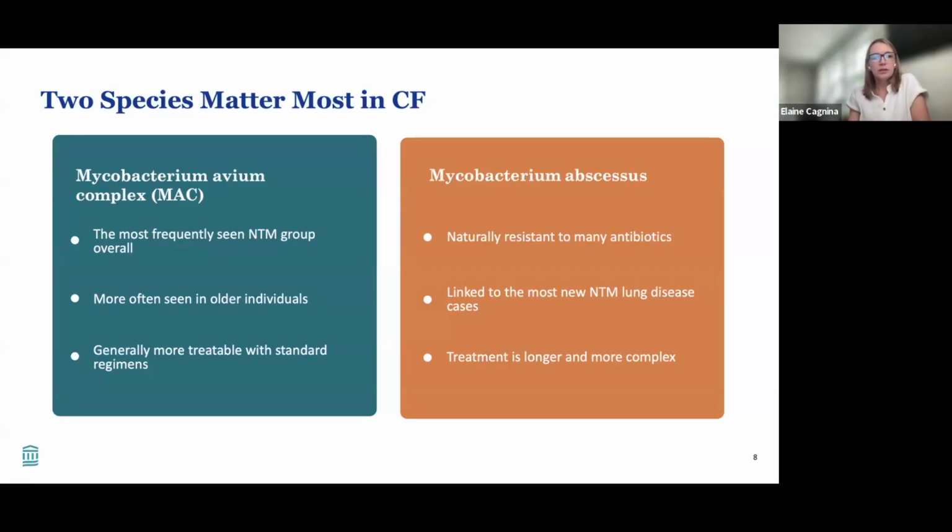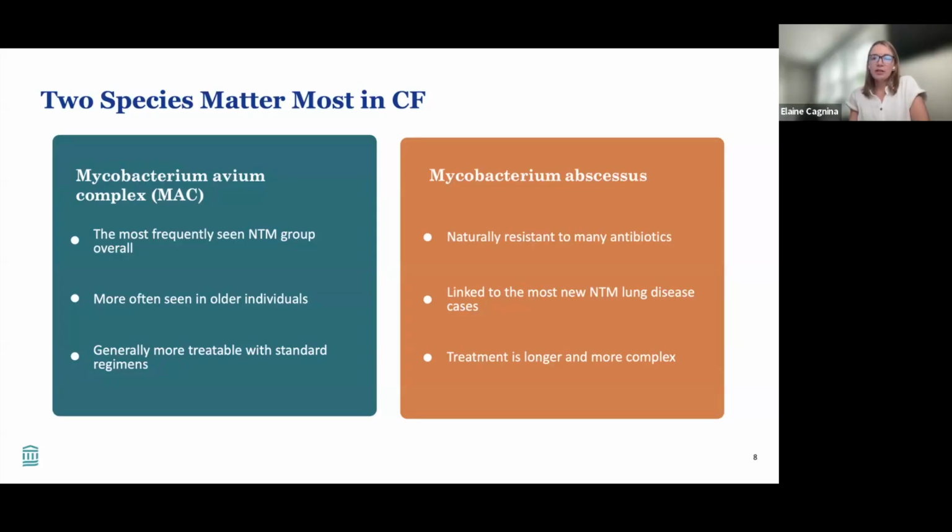This is the most frequently seen NTM group overall. I would say it's the most frequently seen NTM group in CF and non-CF. It's most often seen in older individuals, not in children or young adults. And it's generally the most treatable with your standard drug regimens, although like everything, there's exceptions to everything.